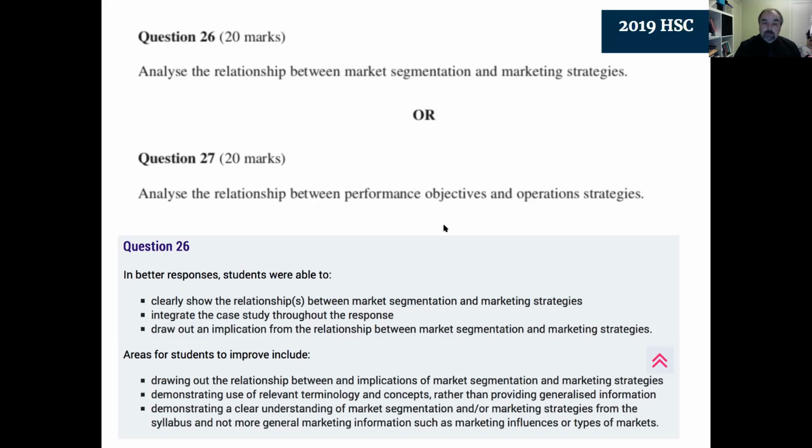Okay, so I marked this question last year in the HSC, and again, it's the better students that actually, look down here, better responses that clearly showed the relationship between the 2 points. Now, I know this is on 26 and I'm looking at 27, but again, it's the same feedback. Are you able to say what performance objectives are?